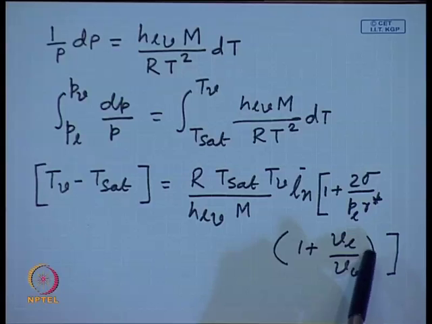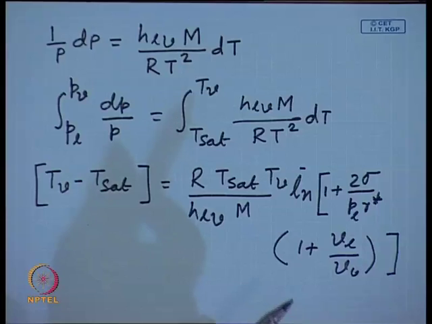Now, generally this particular term can be neglected also, as V L is much lower compared to V V. So, this is approximately equal to 1.